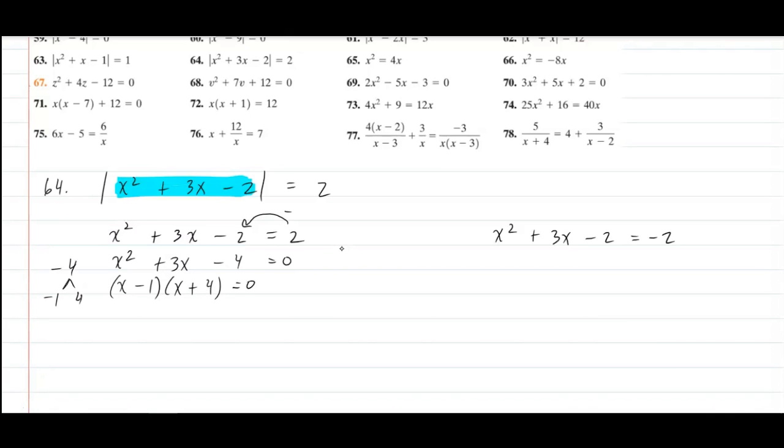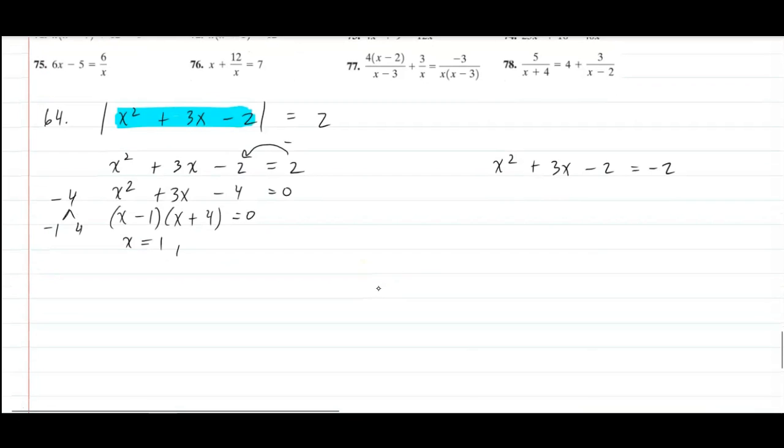And therefore, there's two possible answers to this case. Either x equals positive 1. Remember the logic: x minus 1 is equal to 0, and therefore x is equal to 1. And the other possibility is x is equal to negative 4. And so those are your two possibilities there. And we're not done with the question yet. Now we got to go look at case number 2.